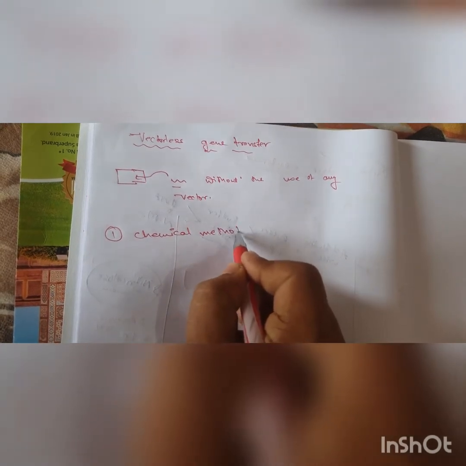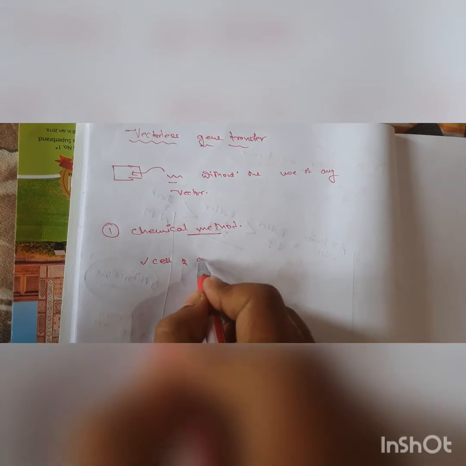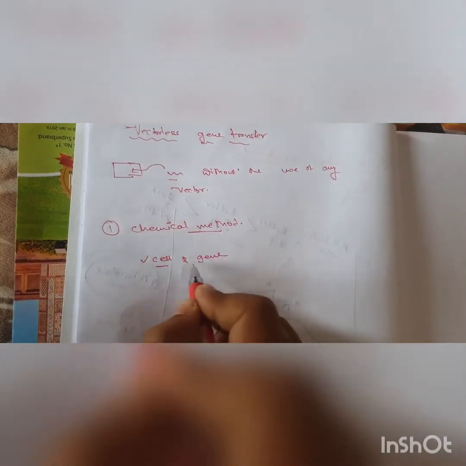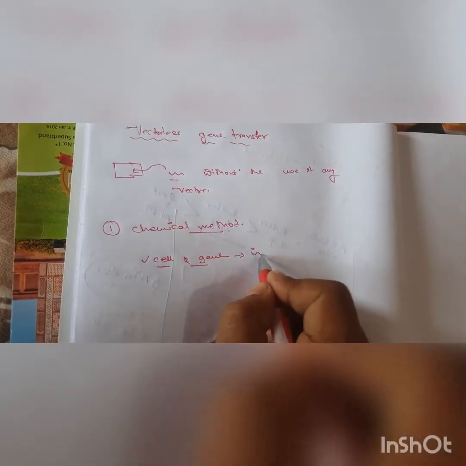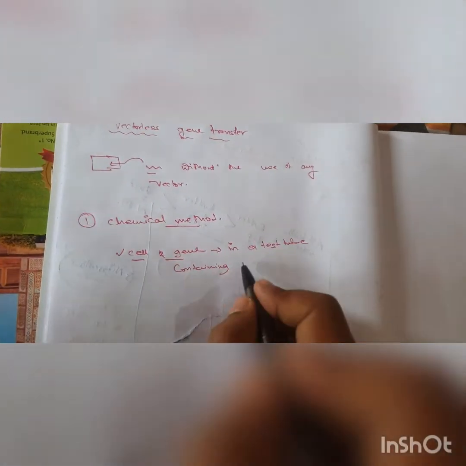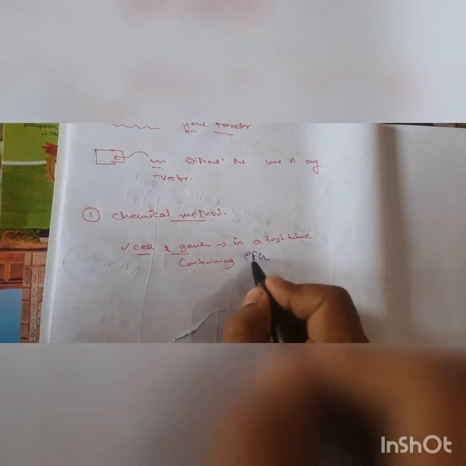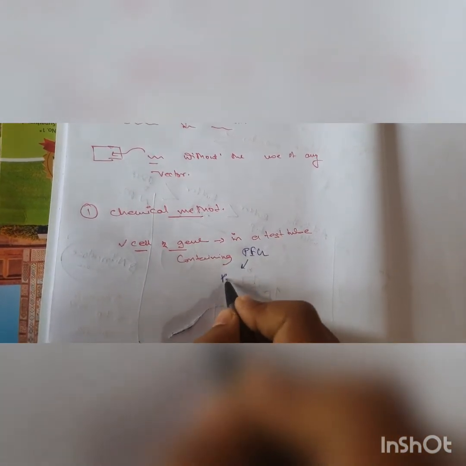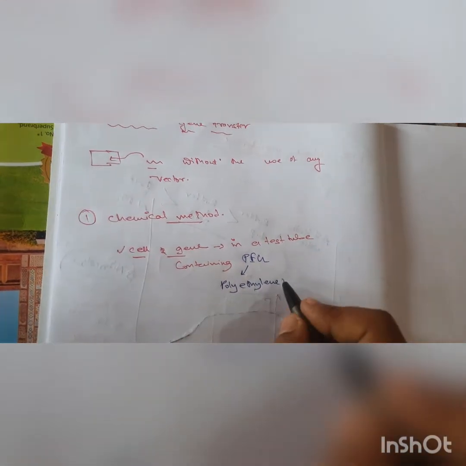In chemical method, what you do is you treat the cell and the gene in a test tube containing PEG, polyethylene glycol.